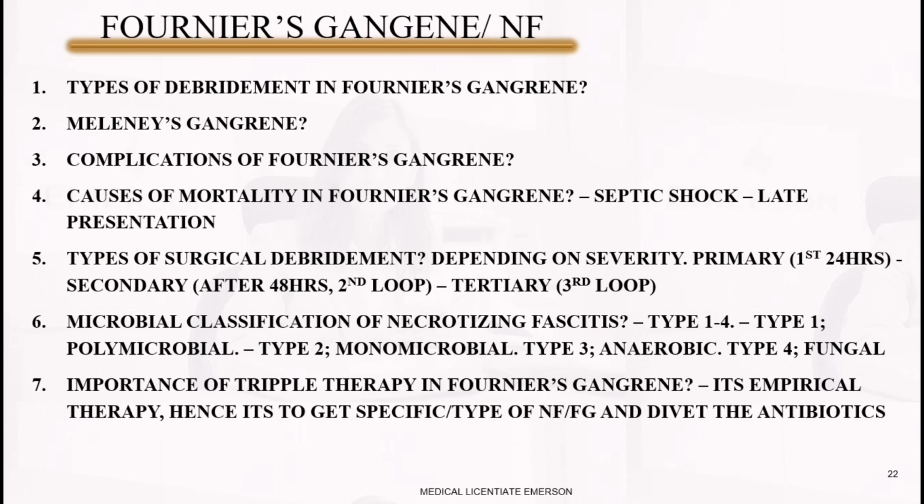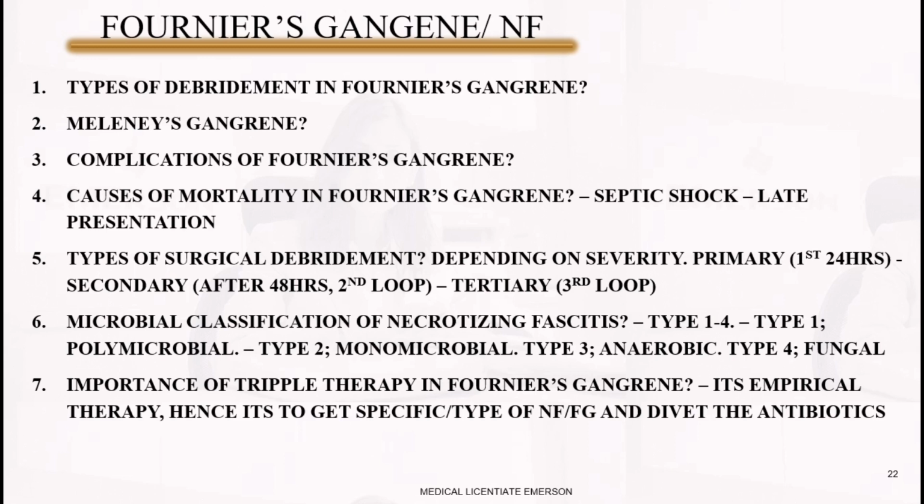Then question 7, importance of triple therapy in Fournier's gangrene. Of course, you know that it's empirical therapy, hence it's to get a specific type of necrotizing fasciitis and divert the antibiotics, meaning that when you see a patient with Fournier's gangrene, you've done your MCS, you need to know which one is causing what.